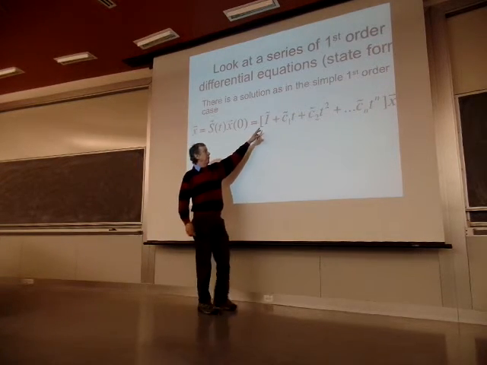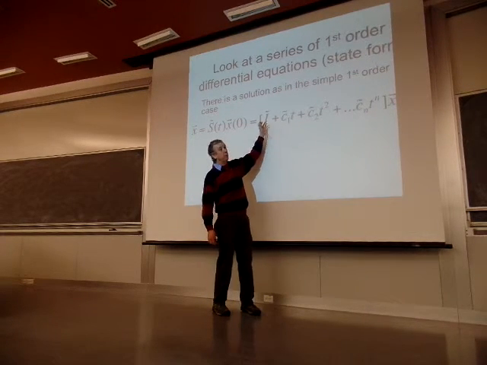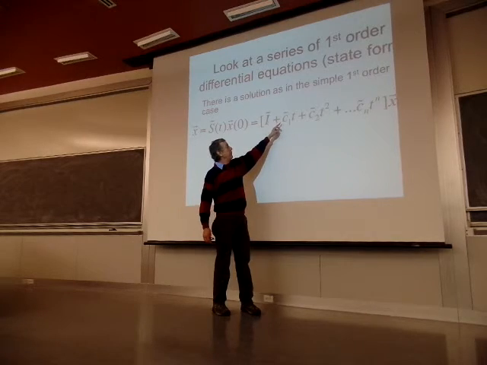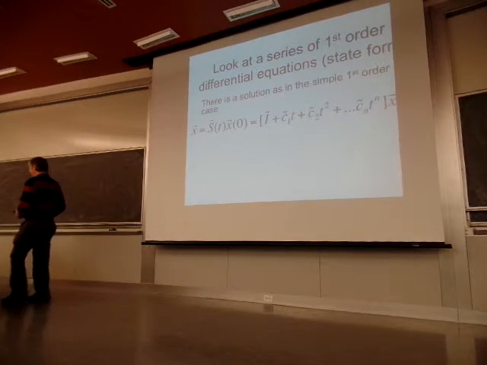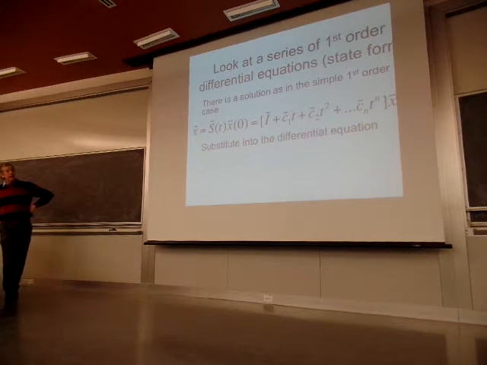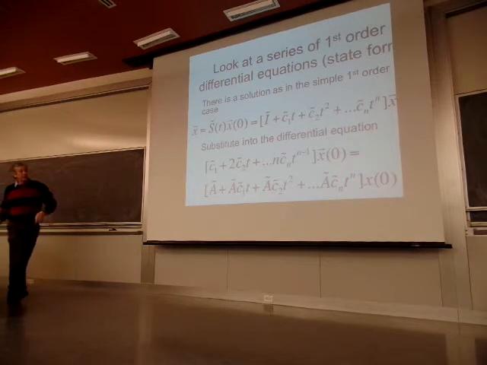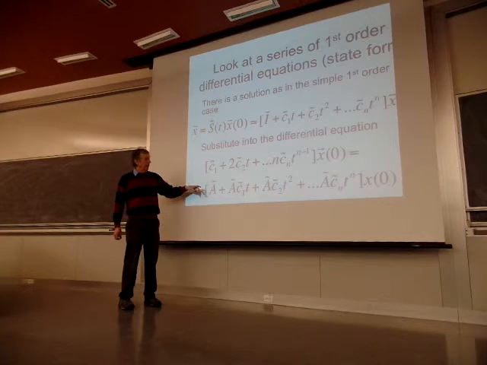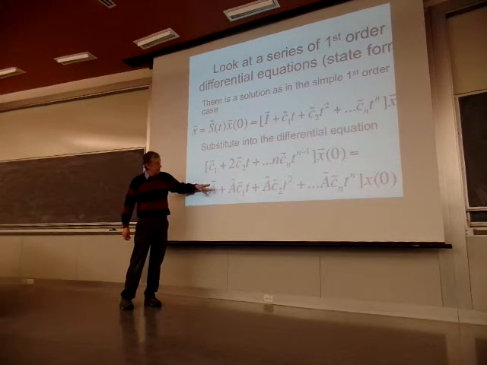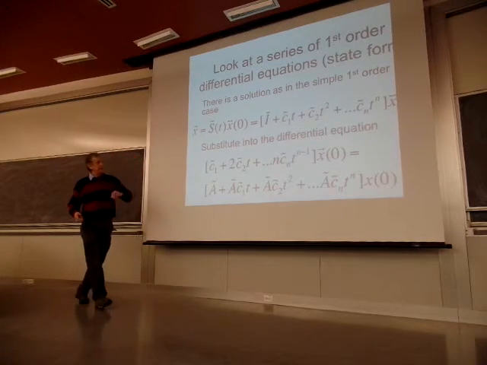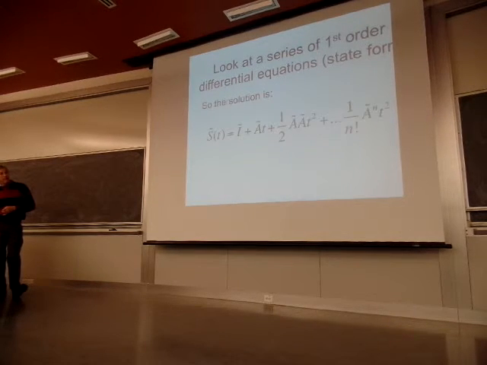Well, instead of scalars here, I have to do matrices, so I have an identity matrix, which is 1, C1 matrix, C2 matrix, Cn matrix, and so forth. Substitute into the differential equation, get x dot also. So here's x dot equals A times x, solve for all the C's, and you get this form.